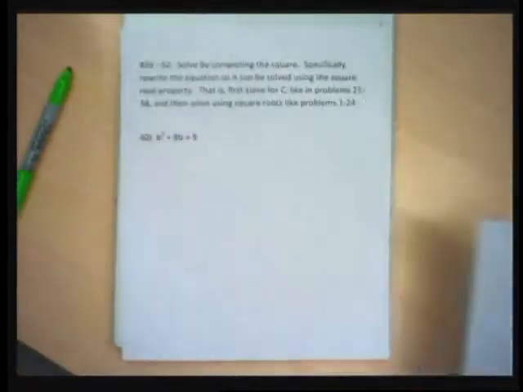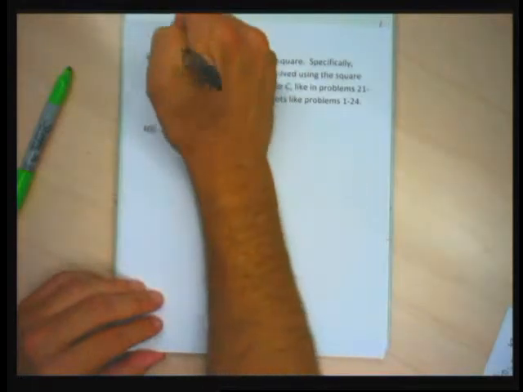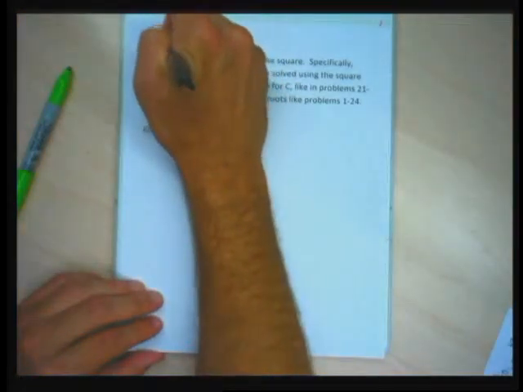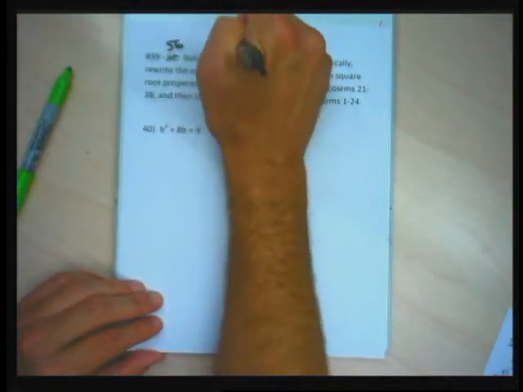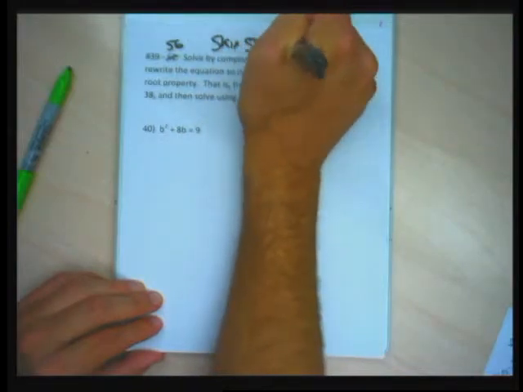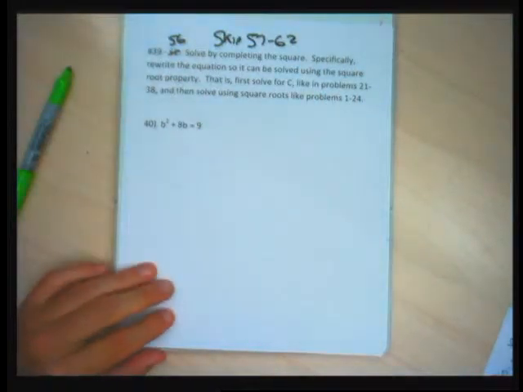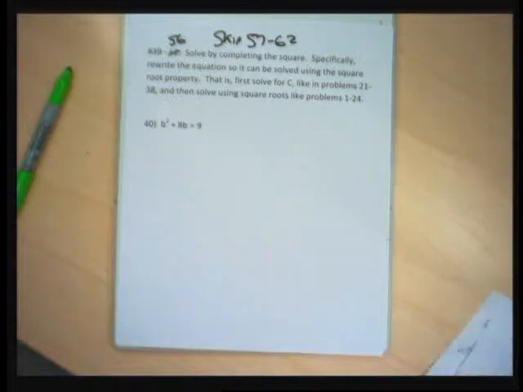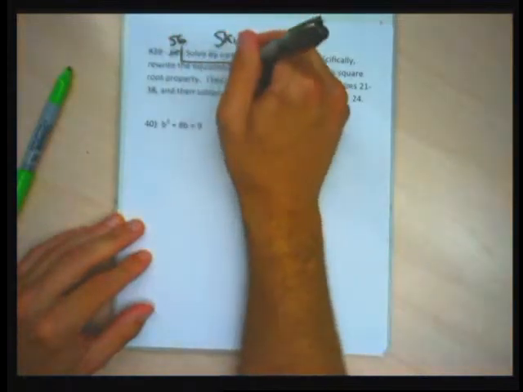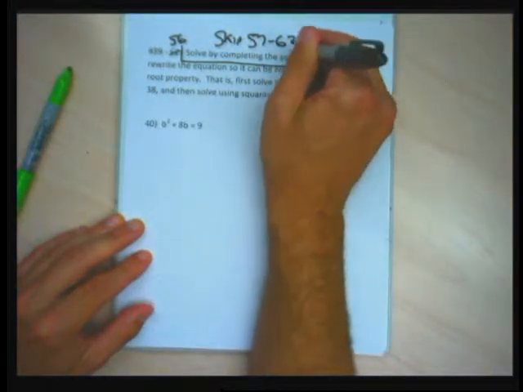So, last group of problems, we're only going to go from 39 to 56, because we're skipping 57 through 62 because they would involve factoring with fractions. The instructions say: solve by completing the square, and that calls out this strategy.